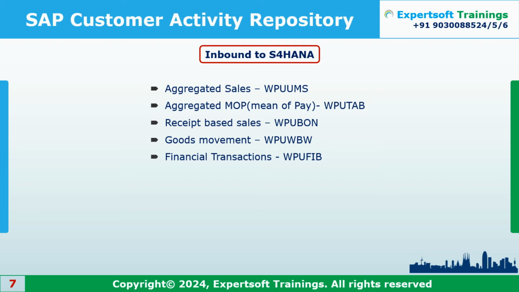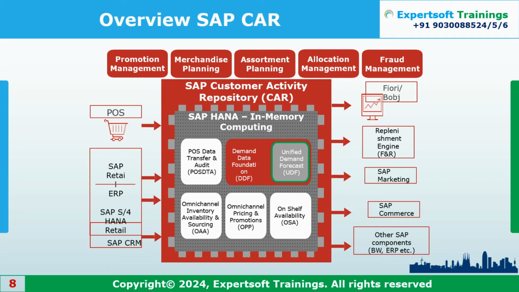For aggregated sales we use WPUUMS, and for payment data we call it WPUTAB. The W is mainly used for retail, so we use WPUUMS, WPUTAB, WPUBON, WPUWBW, and WPUFIB. These are the standard message types that are used within CAR to send the information to S4.